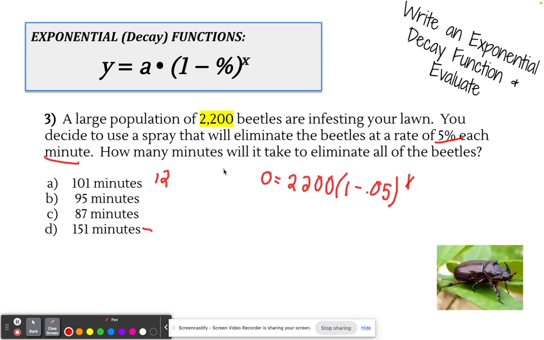So 151 times my 2,200 beetles that I started with. And this gave me 0.95. I think that's the closest I'm going to come. 152 minutes would probably be even better, but can't have negative beetles. So I would say it's 151 minutes.